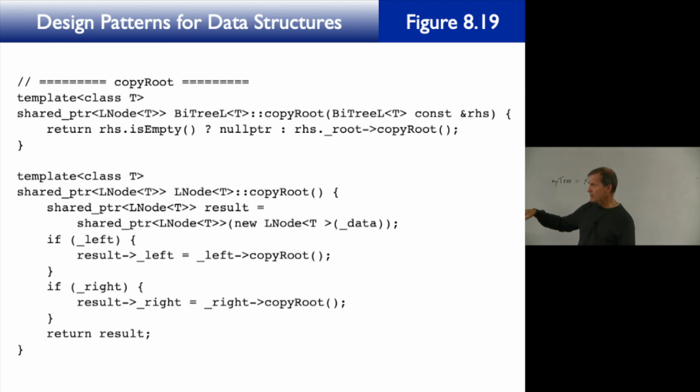And then if the right has something that needs to be copied, then we do result arrow _right gets right copyroot. And by the way, if those don't get called, then that node got initialized with null pointers for left and right. See? And then we just return result, and that's it.